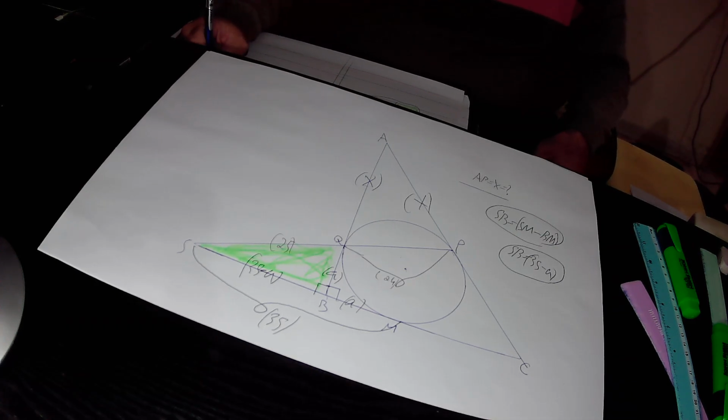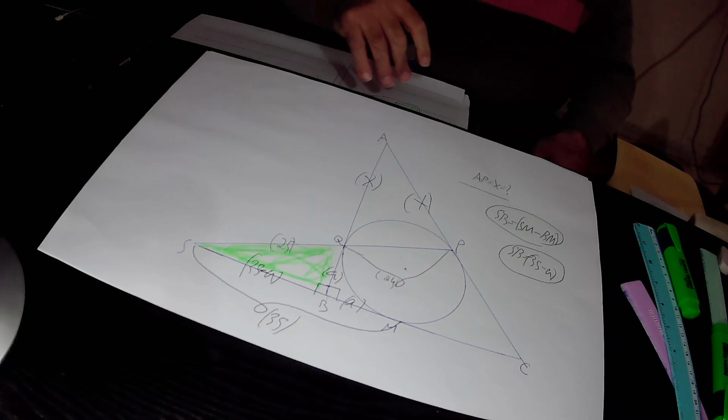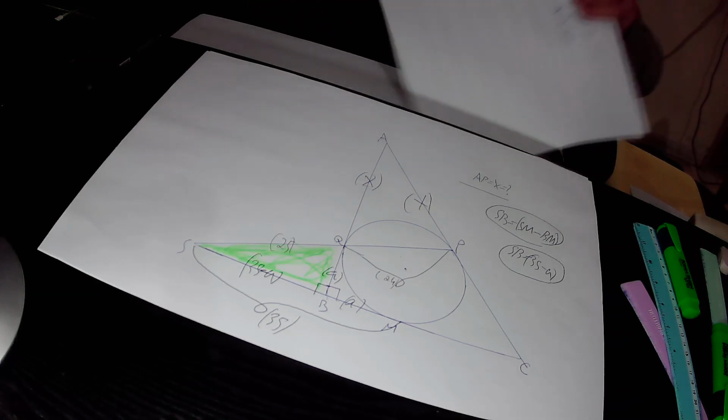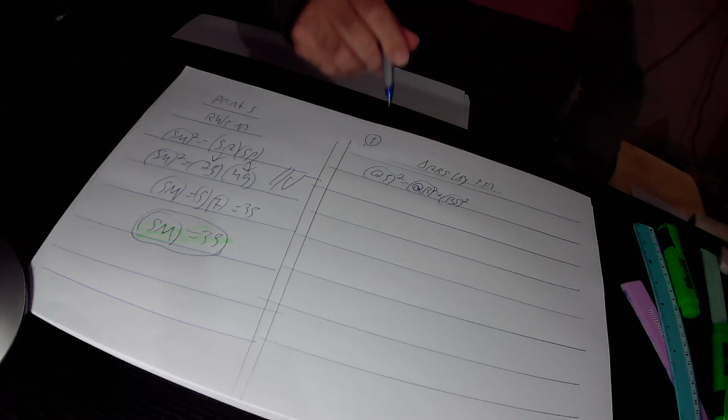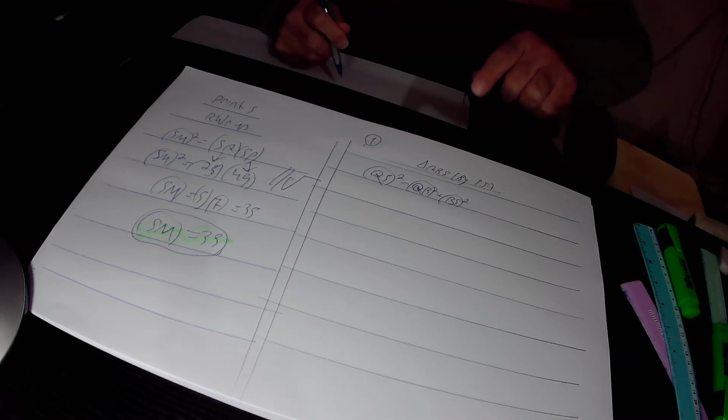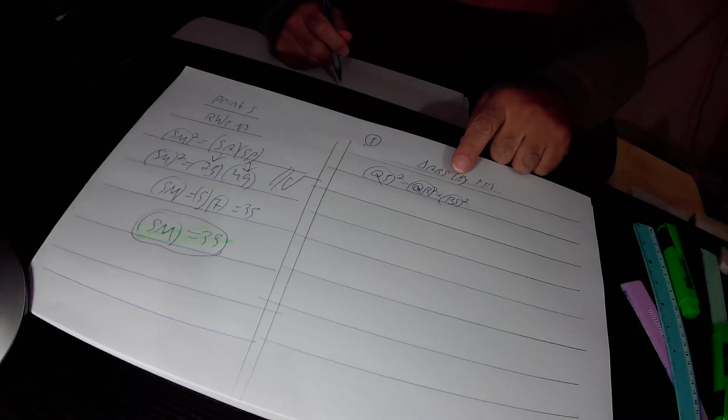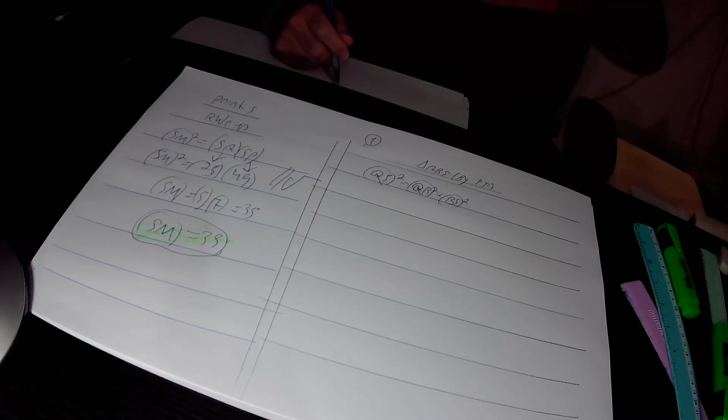And again, according to the Pythagoras theorem, in this green right triangle QBS, QS squared, that is the square of the hypotenuse, equals QB squared plus BS squared.